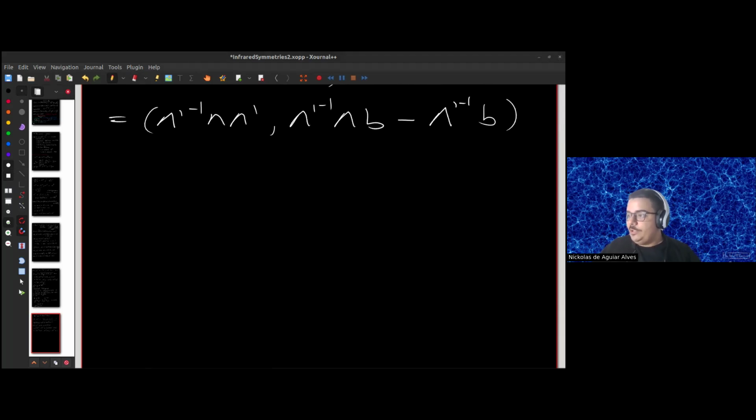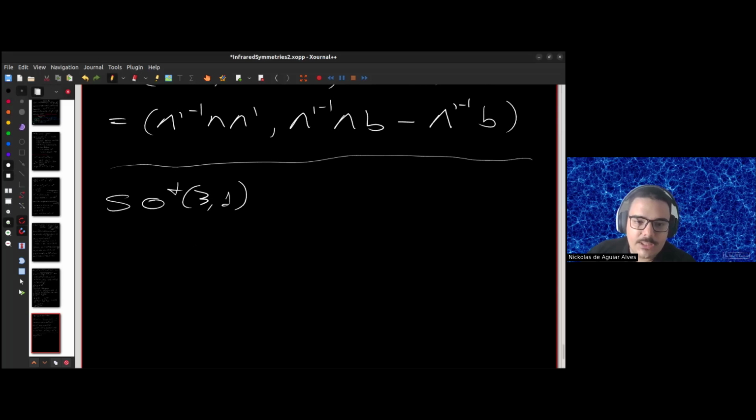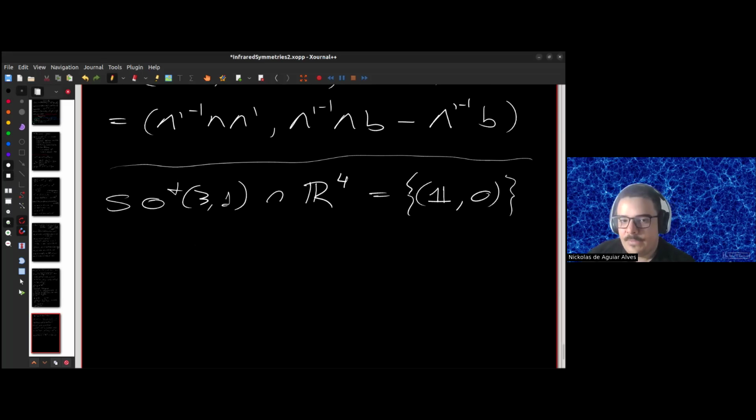And so to actually write up both of them and merge them together into the Poincare group, what we do now is the following. First, we notice that if we pick this subgroup as we wrote it before, so this is the subgroup of the form lambda 0, and we then take the intersection with the translations, we're going to find that the only Poincare transformation that is in this intersection is going to be the identity.